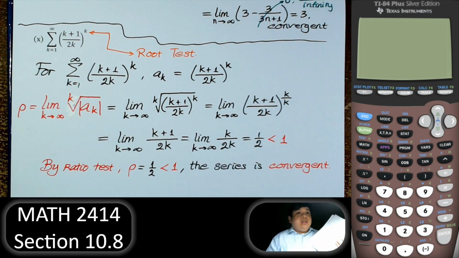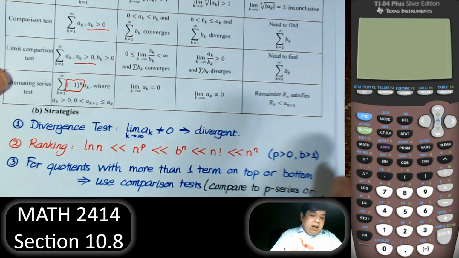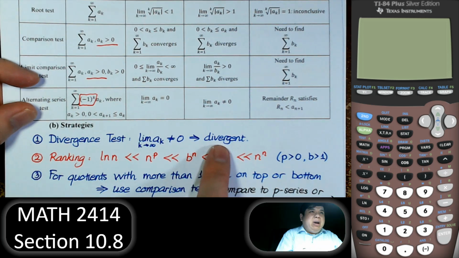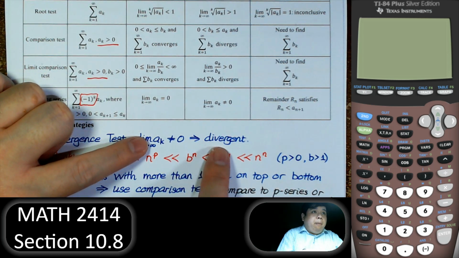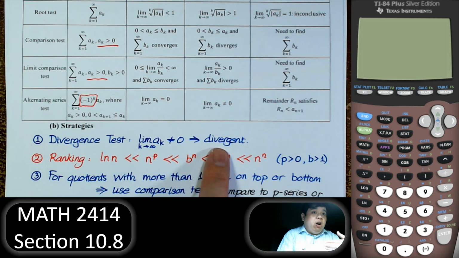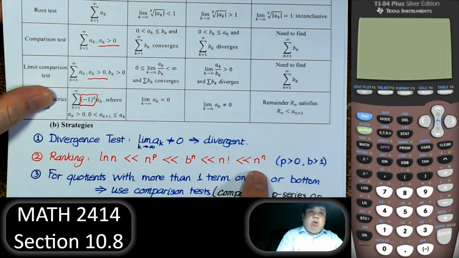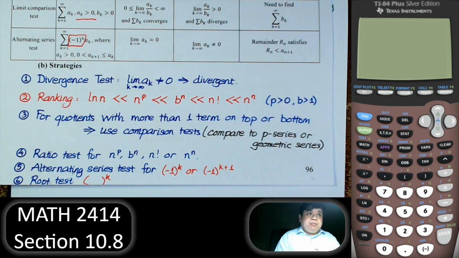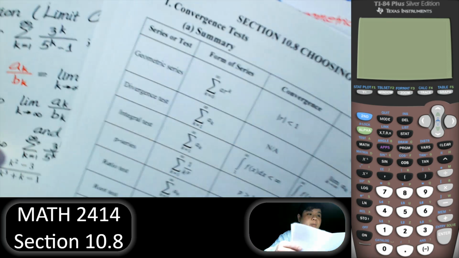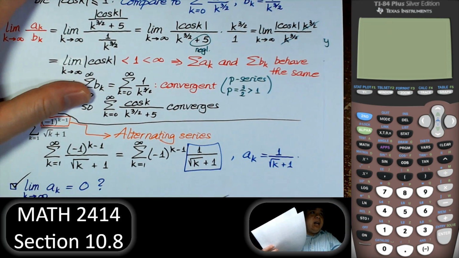So we have quite a few examples in this section. Like I said, the divergence test might come in handy if we can see right away that the k-th term does not go to 0. But if the k-th term goes to 0, move on to the other tests. You need to know the ranking though. And in most of these examples we see that it is the comparison test or the limit comparison test. And the limit comparison test is only for positive terms. If it's something like that, we have to throw in absolute values.